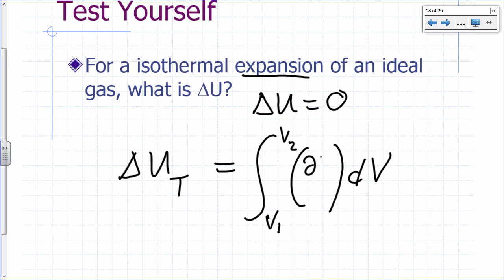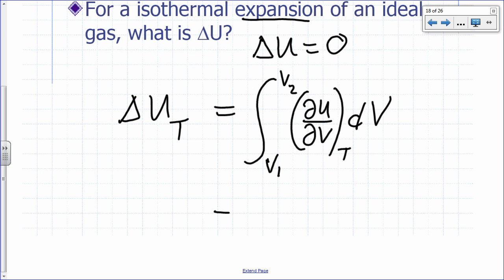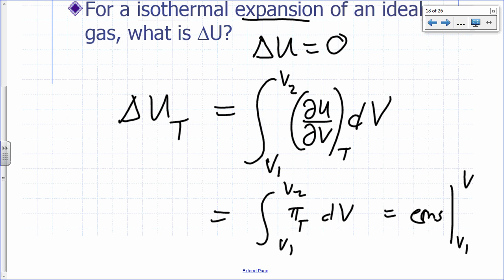Partial derivative of U with respect to V at constant T. And what is partial of U with respect to V at constant T? That's pi sub T, right? dV from V1 to V2. What's the integral of 0? It's a constant, right? Evaluated from V1 to V2, constant minus constant is 0. So delta U is 0.